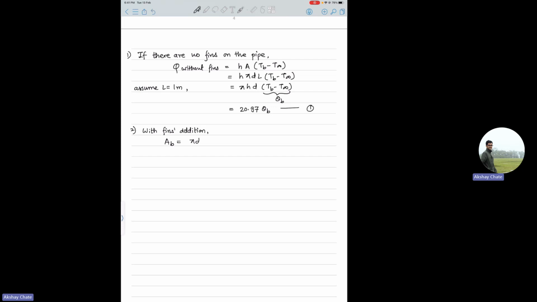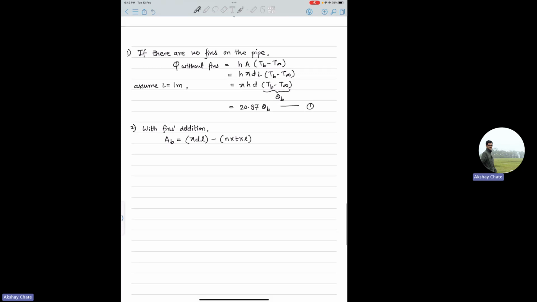So this pi d L is the total area that you have for a pipe outer surface, and then you have to multiply number of fins with the fin thickness, right? Fin thickness into length. So this will be your base area available for heat transfer where fins are not there.